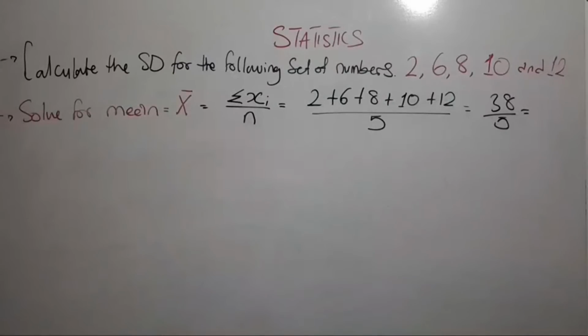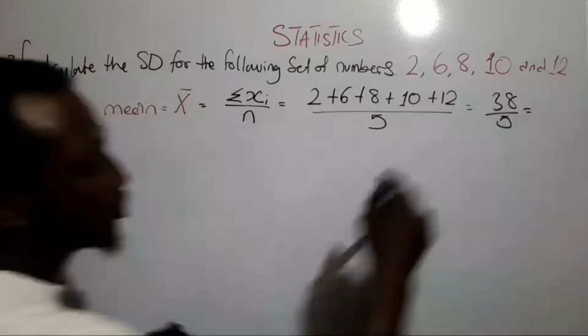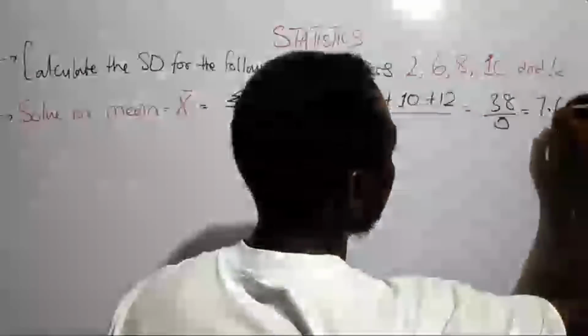So 38 divided by 5, what should be our answer? Wonderful. Yes, 7.6.